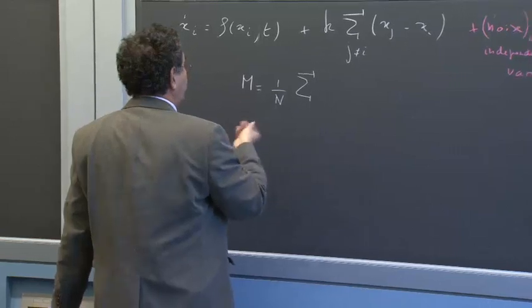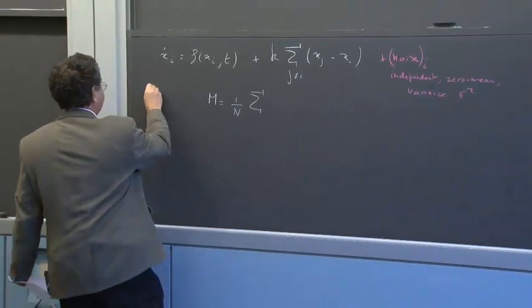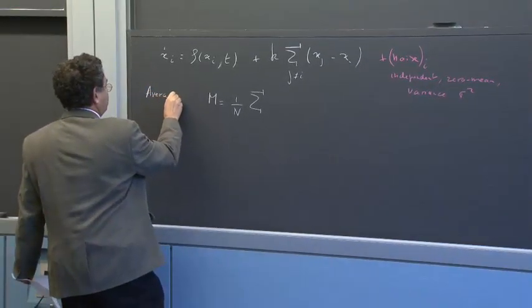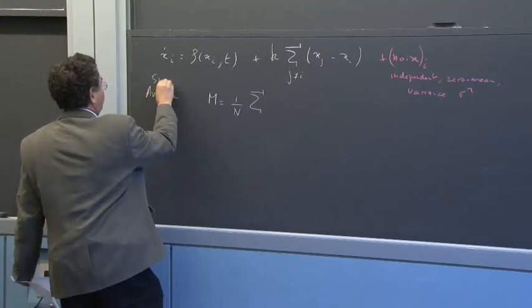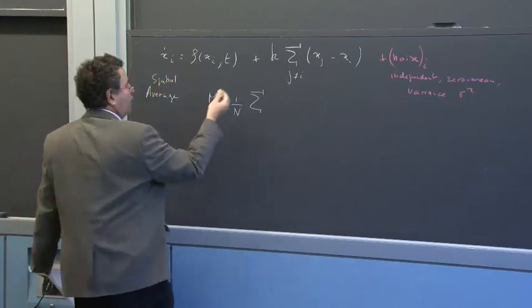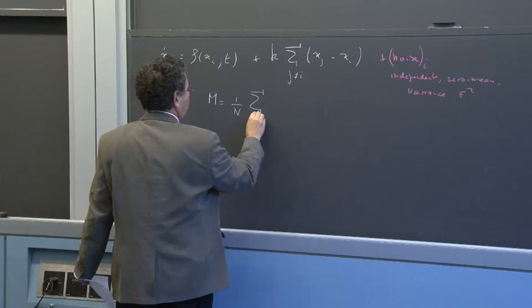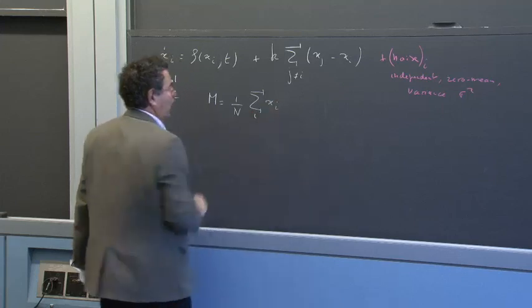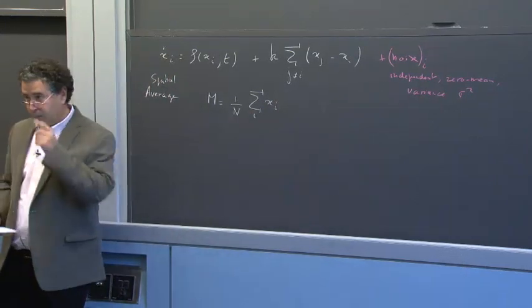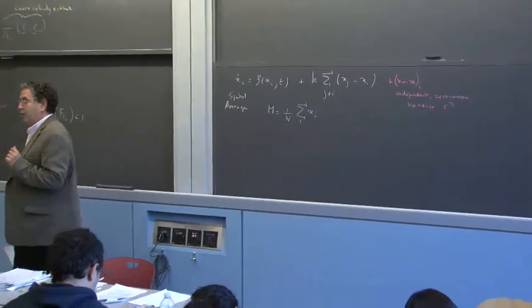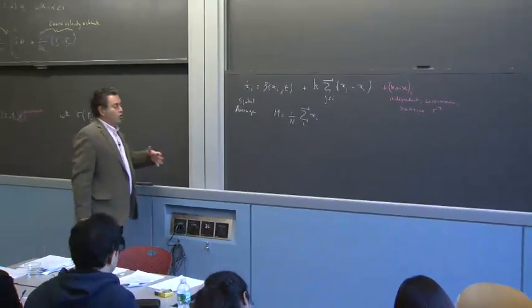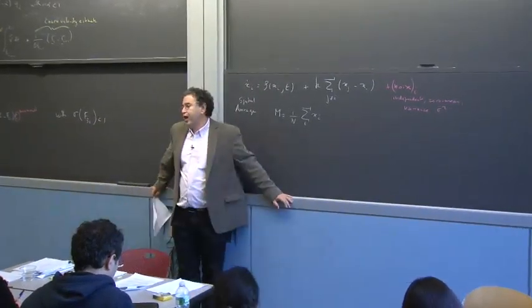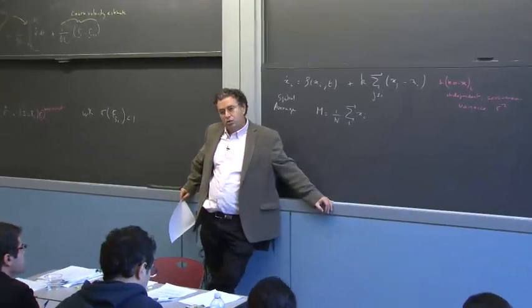So suppose we're looking at the spatial average, right? The average at a given time of the xi. So the question is, what is the dynamics of this average? What does it do?